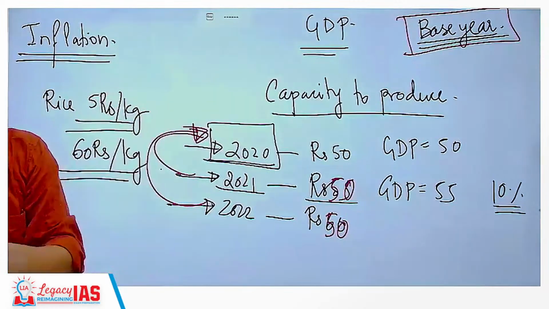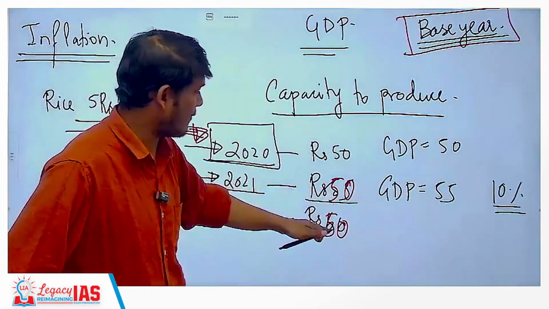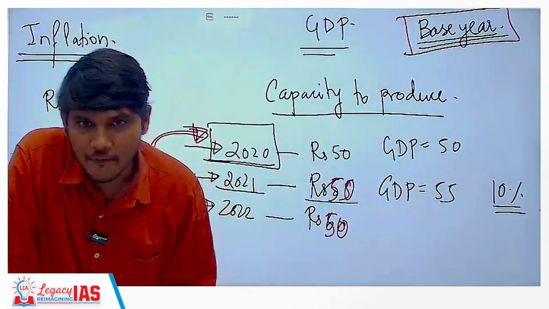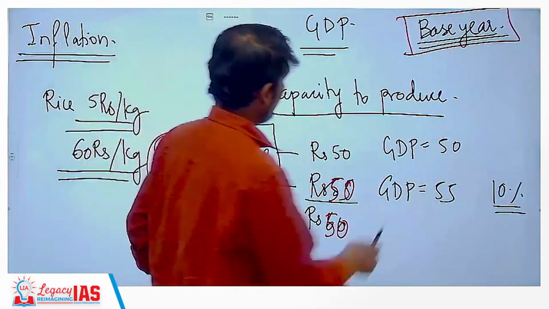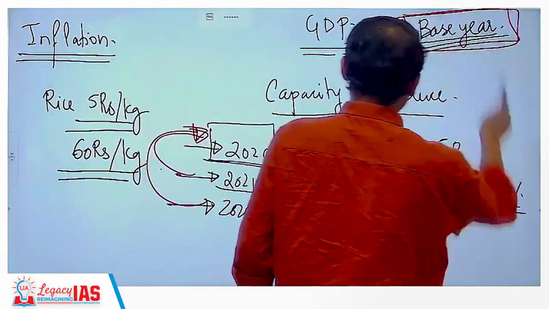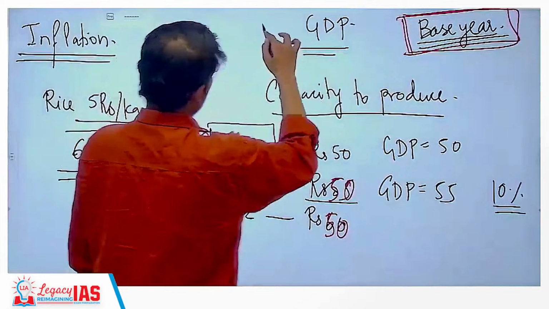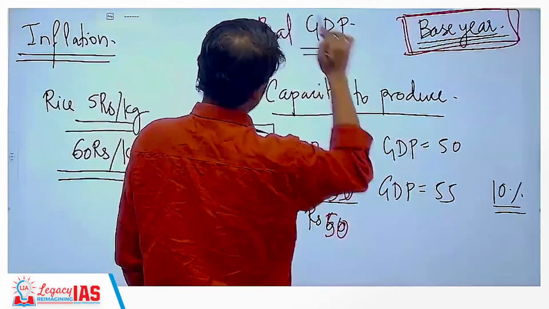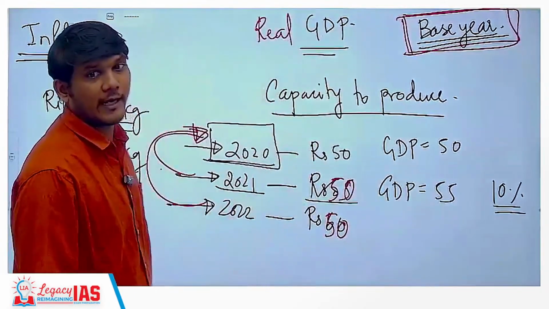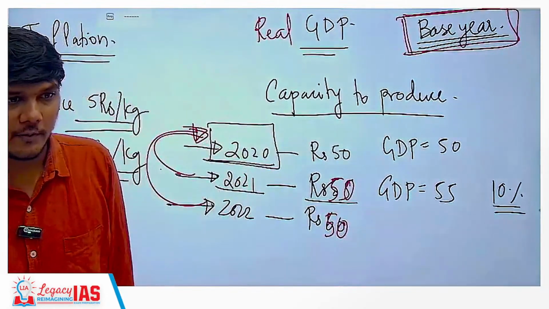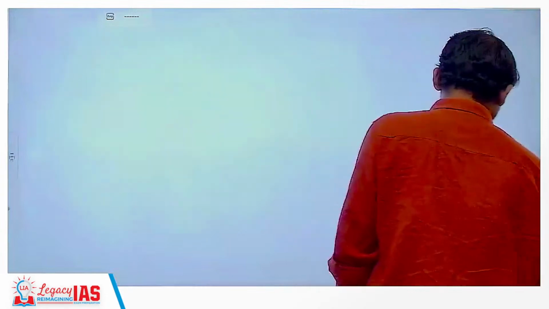The same pen which was 50 has now become 55, has now become 60, right? So prices keep on increasing every year. That is why we keep a base year and calculate based on the base year. And when you calculate based on the base year, that GDP is called real GDP. And when you calculate based on the same year, that GDP is nominal GDP. Okay? Very good.